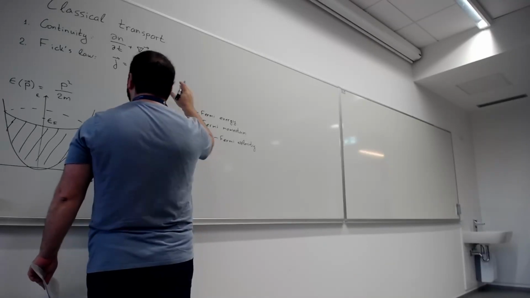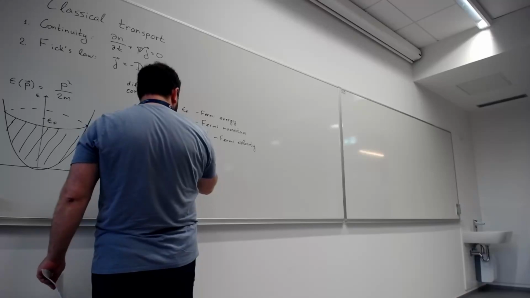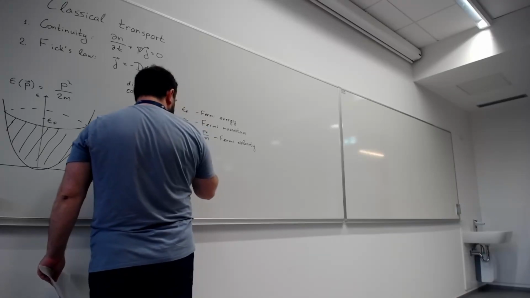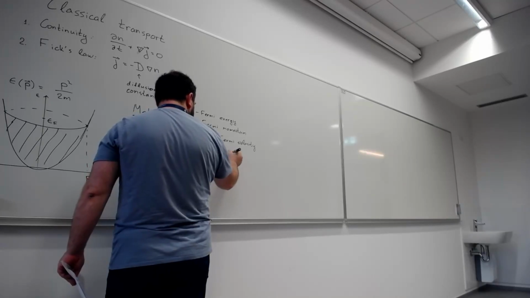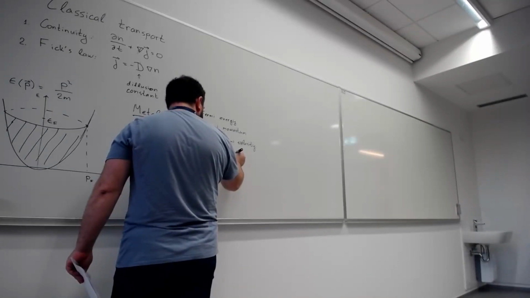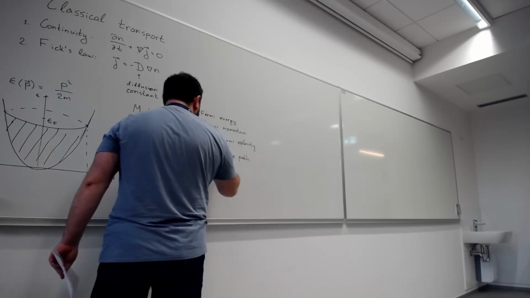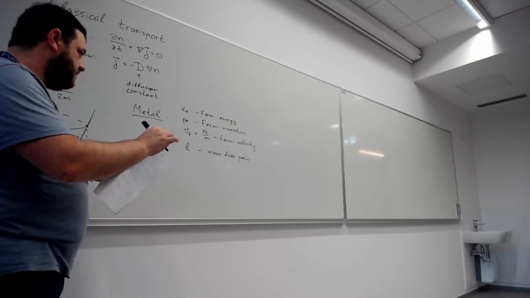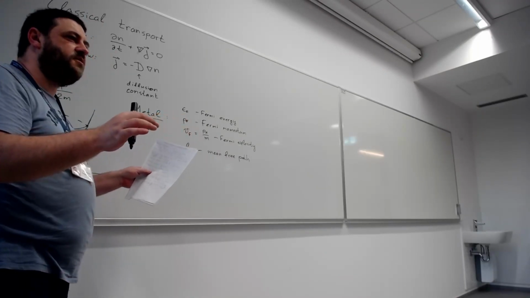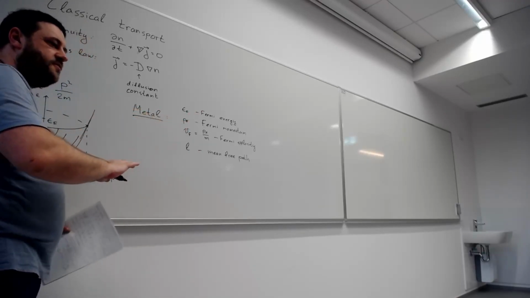And for the classical transport, there is another important parameter which is called L, the mean free path. It's the length that an electron can propagate without scattering. So metals contain some impurities, some imperfections, and electrons do not just propagate as in a free space.